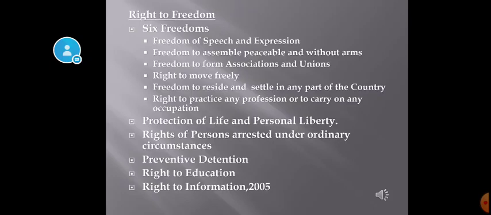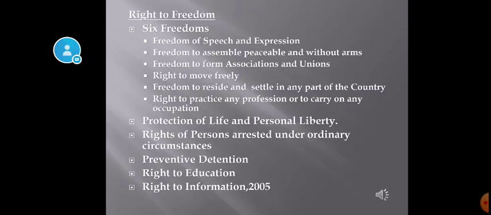In the third point, we will see the rights of persons arrested under ordinary circumstances. The Constitution confers 3 rights upon a person arrested under ordinary circumstances. The first one: no person shall be detained in custody without being informed of the grounds of such arrest.